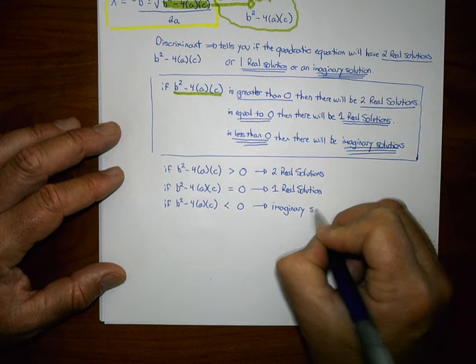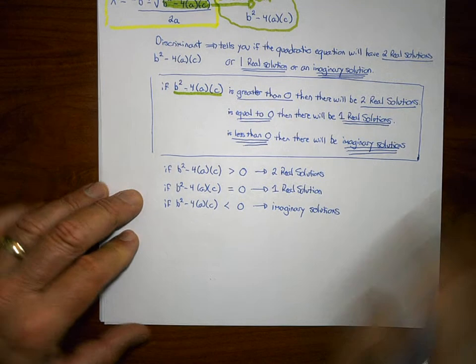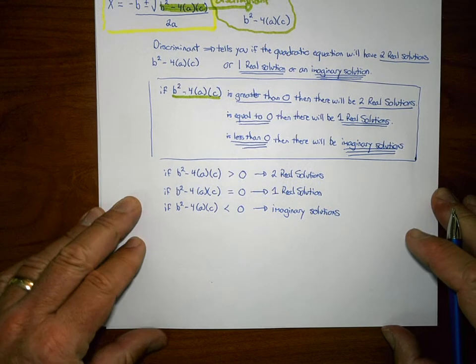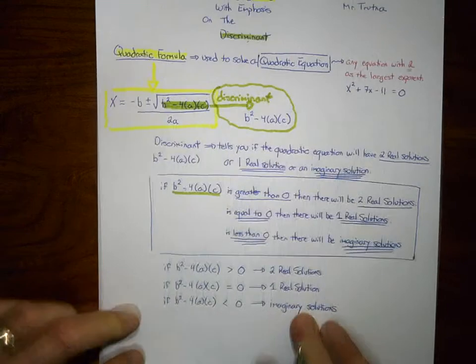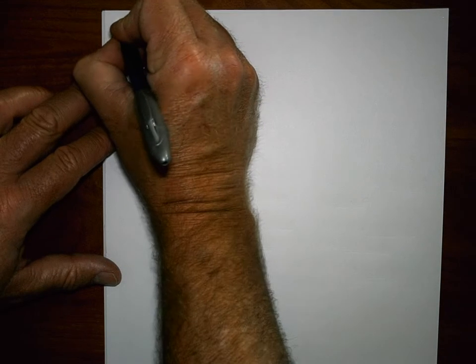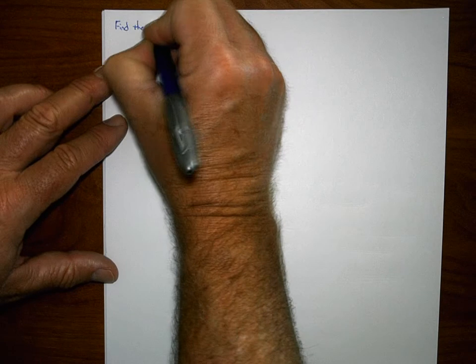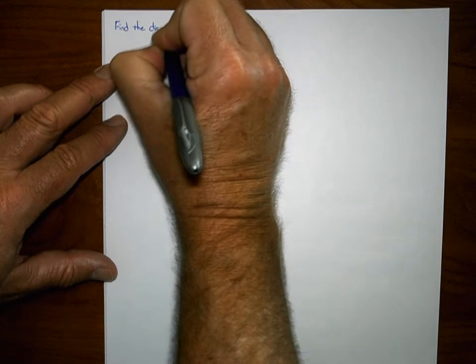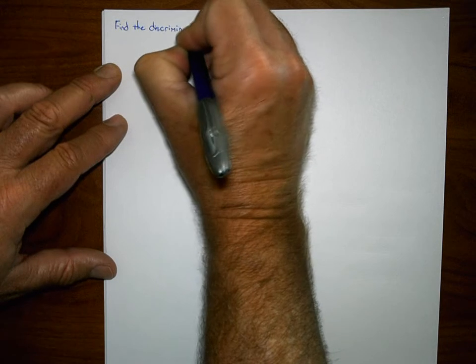Okay, so as they sang in The Lion King, let's get down to business, and let's do a couple examples where we're using the discriminant. In this problem, here's what we're going to do. We are going to find the discriminant's value.